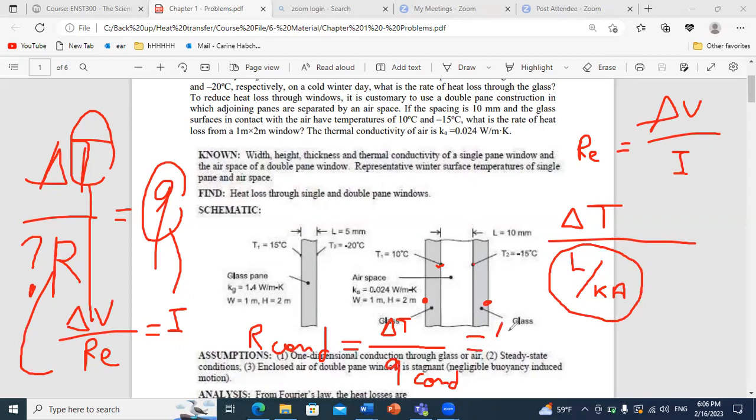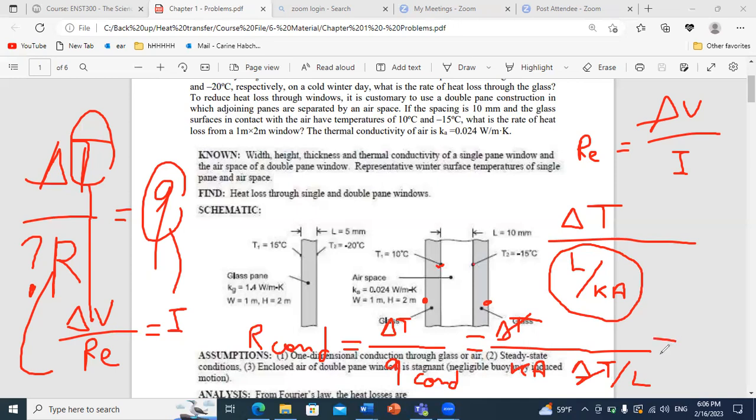And what is Q conduction by definition here? If we replace it by its value, Q conduction is K times A times delta T over L. So you can see here that delta T will cancel out, and L you can take to the numerator.